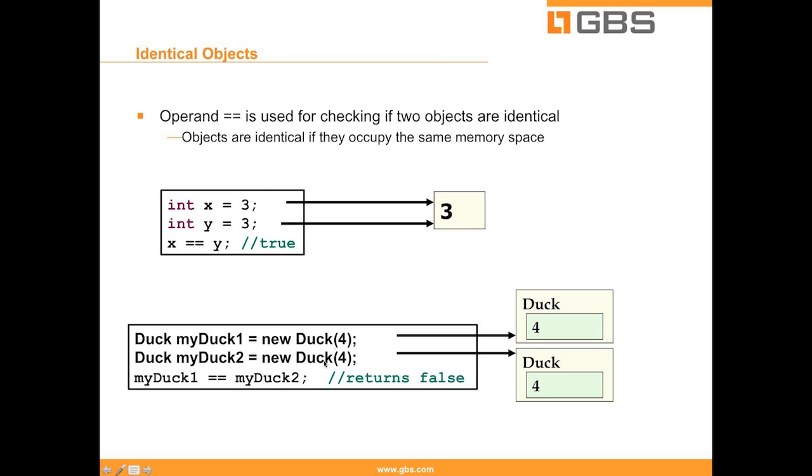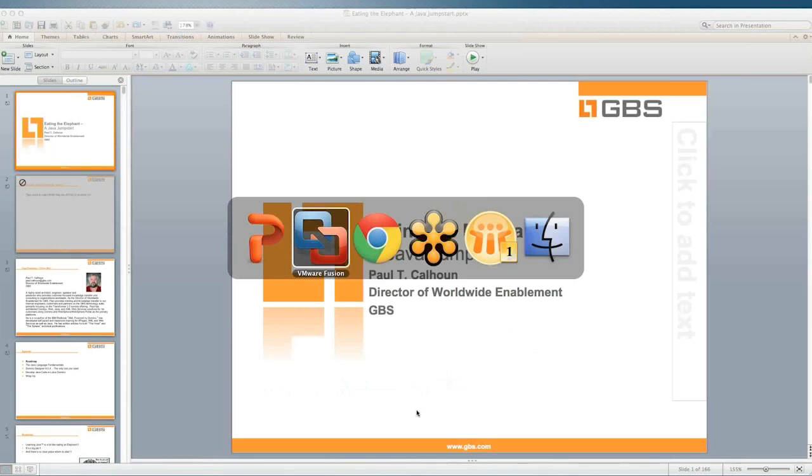That's with a primitive, but I can also do that with a class reference. If I say myDuck1 = new Duck(), by virtue of using the new keyword, that creates its own instance. myDuck2 = new Duck(4), comparing those returns false because those two things are not the same.